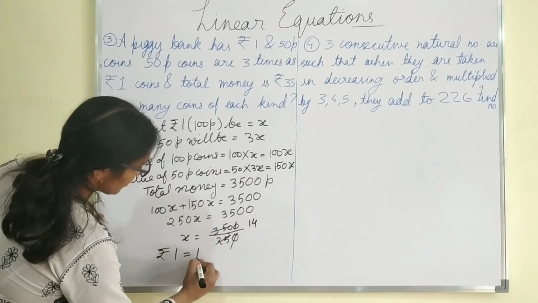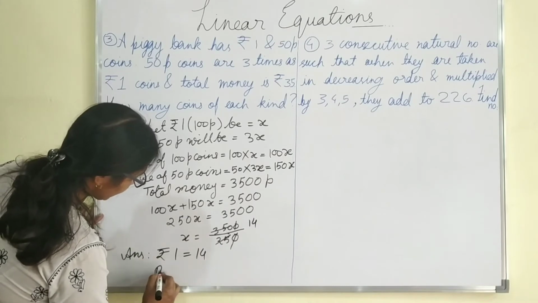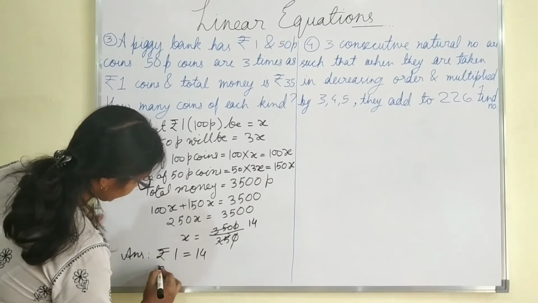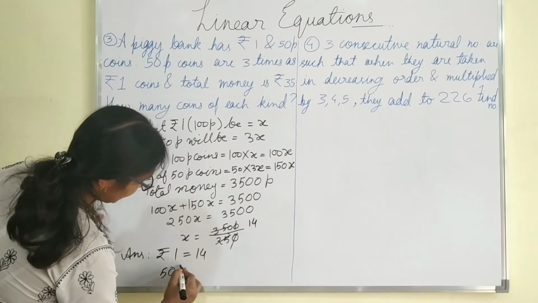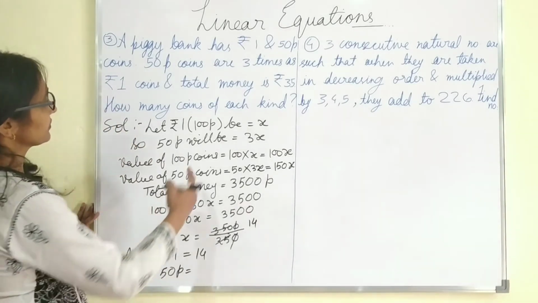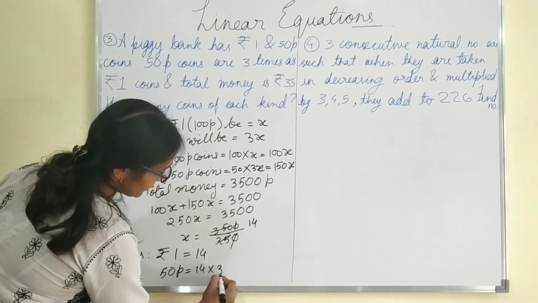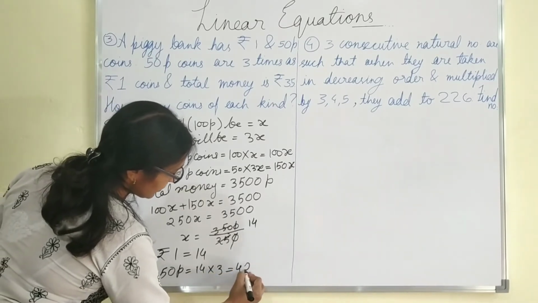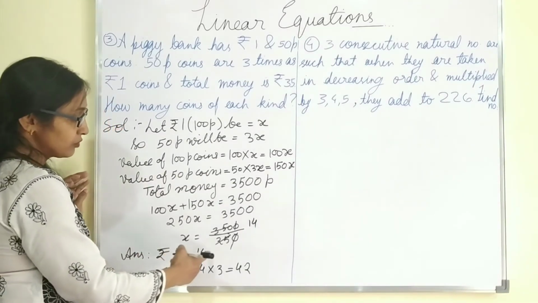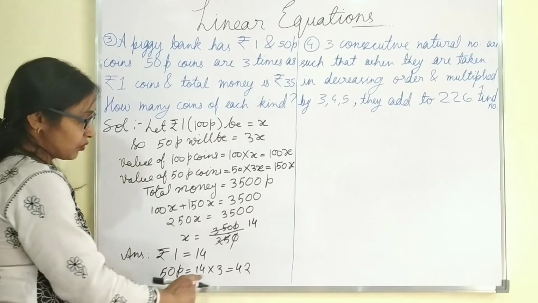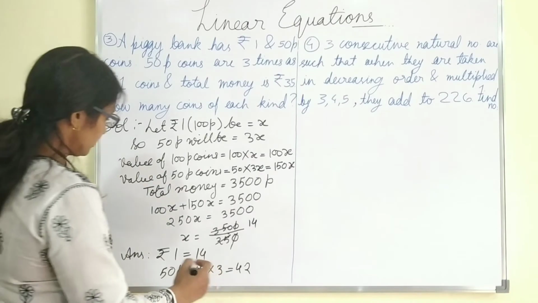Rupee 1 coins, 14, is our answer. And 50 paisa coins are 3x, so 14 into 3 is 42. So the number of rupee 1 coins is 14 and 50 paisa coins is 42 in the piggy bank. OK, so it's our answer.